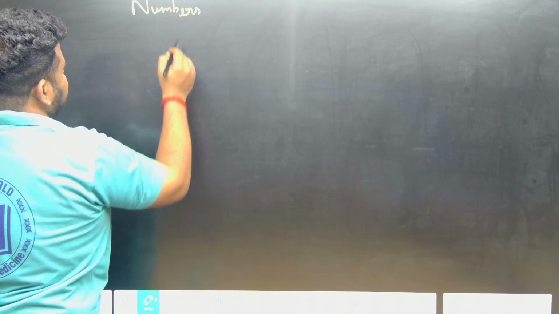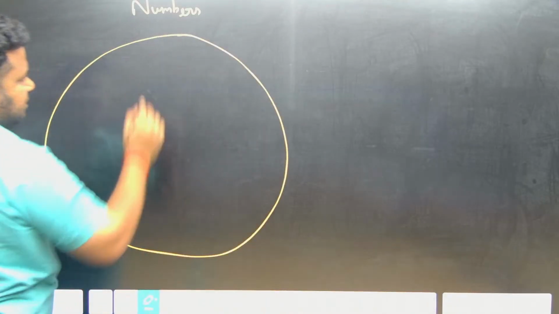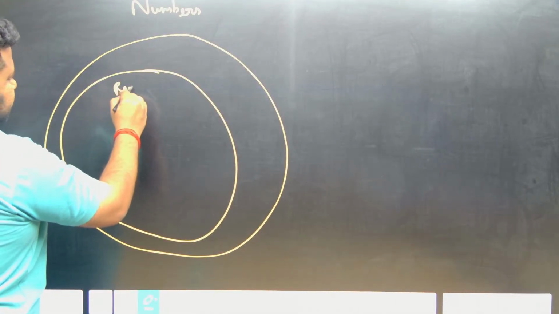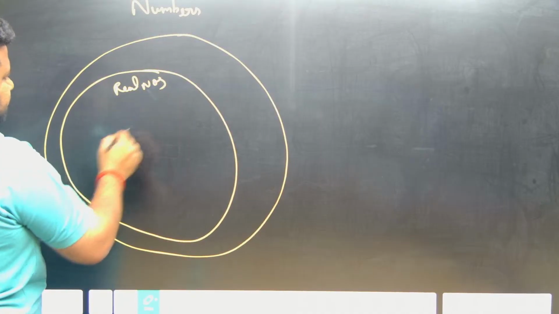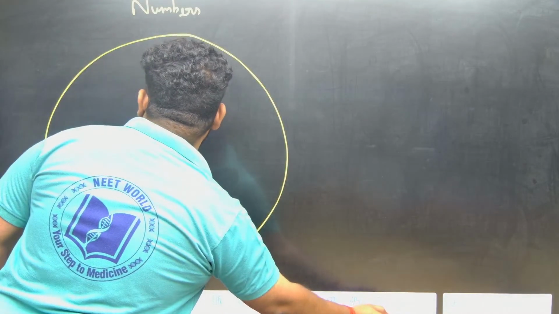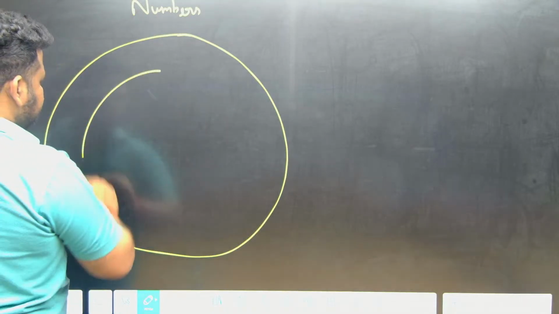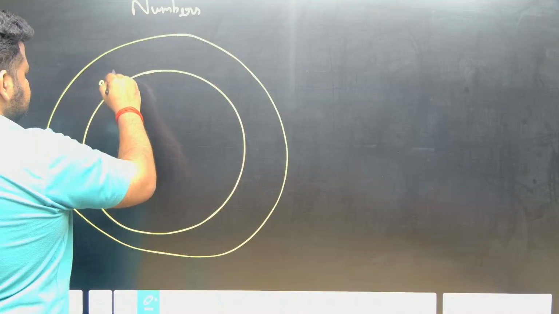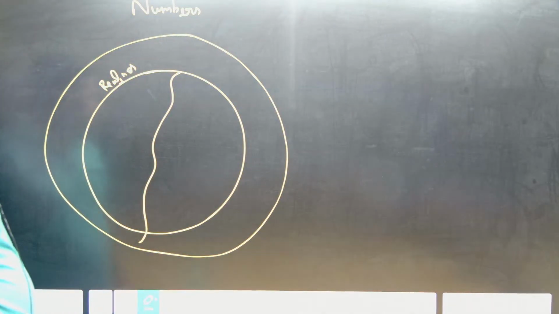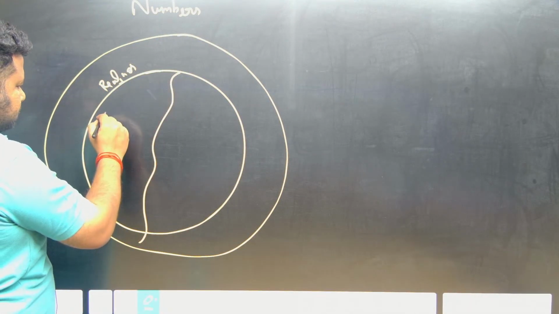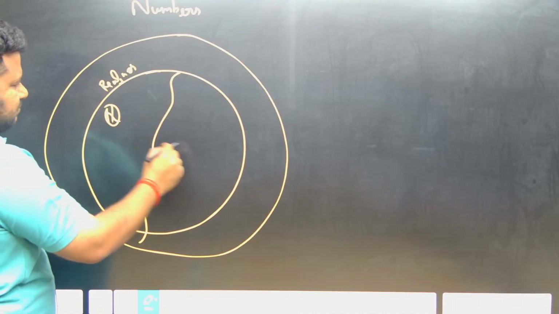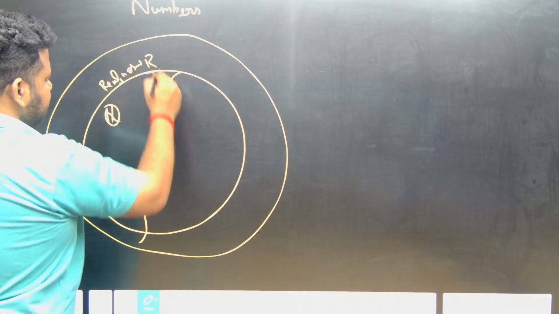Here we have the complete set of real numbers, and in the real numbers we have rational numbers, which we represent by Q. These are irrational numbers. This is real numbers, which we write as R.